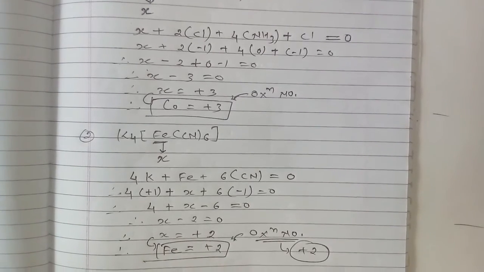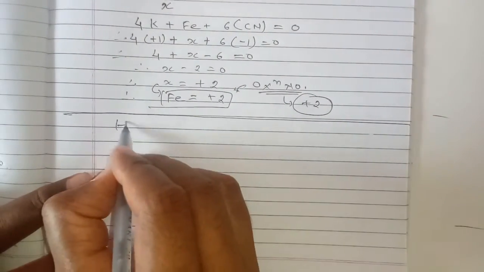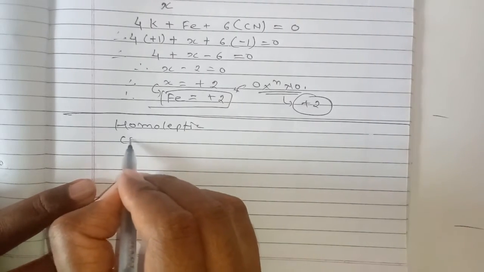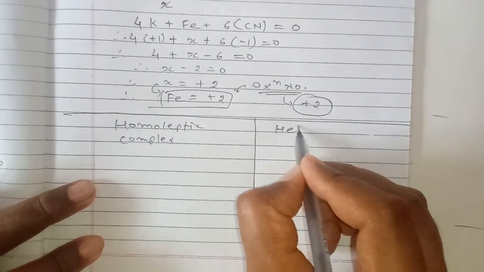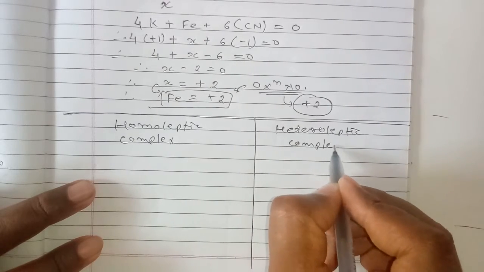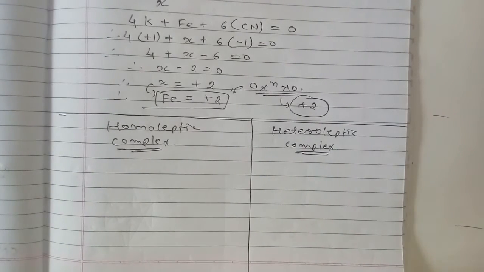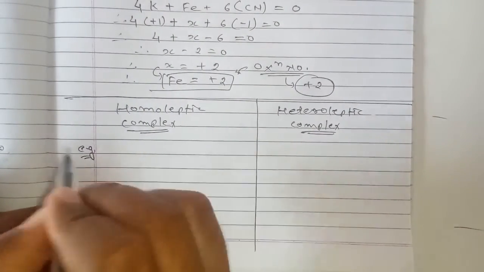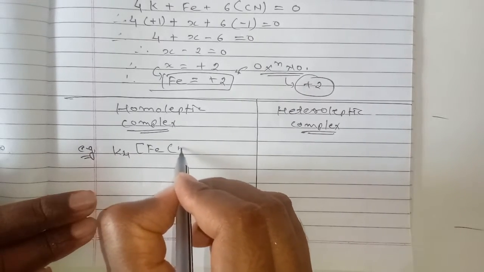Now the next concept is about homoleptic complex and heteroleptic complex. For example, K4[Fe(CN)6].